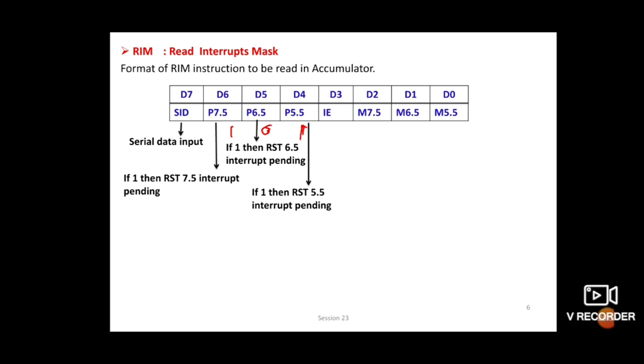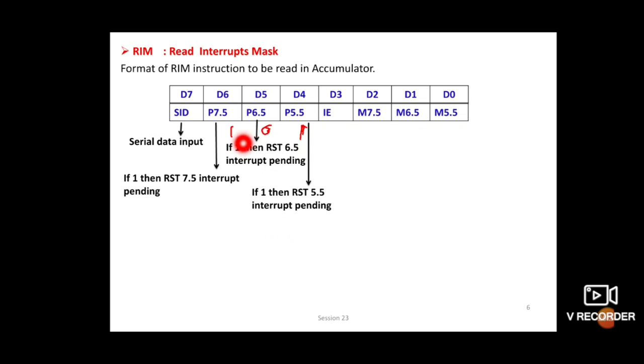So student, if 1 is there here, then RST 7.5 interrupt is pending. If 0 is there, then RST 6.5 is not pending. And 1 here means RST 5.5 is pending.